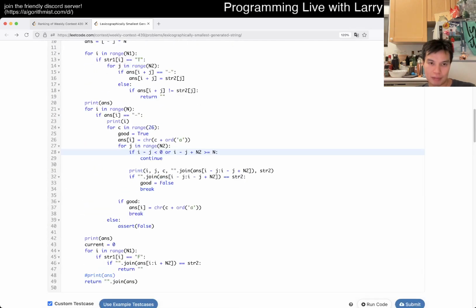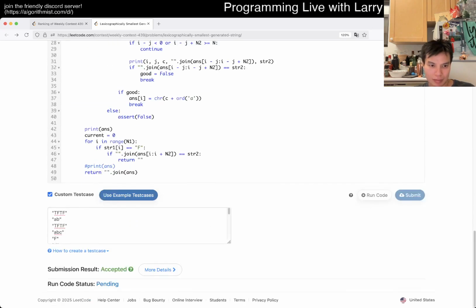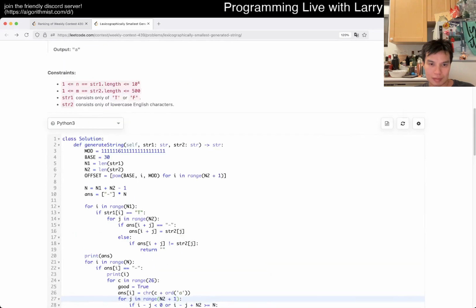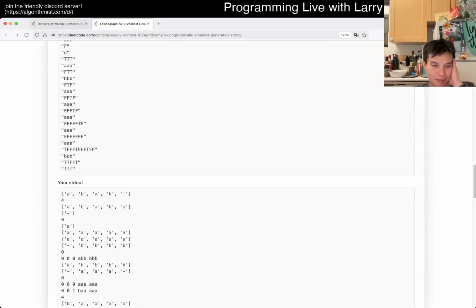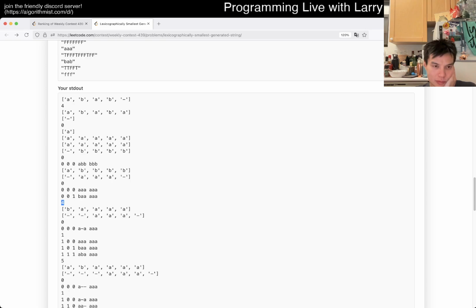Am I off by 1? So j is equal to... why? So 4, we want to check... offset is j.